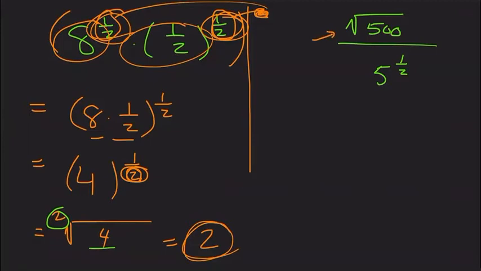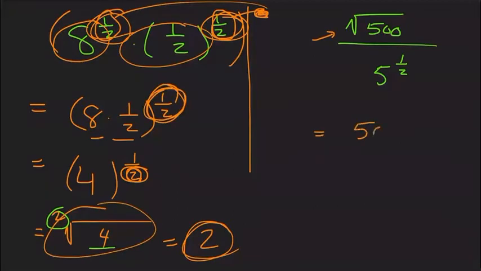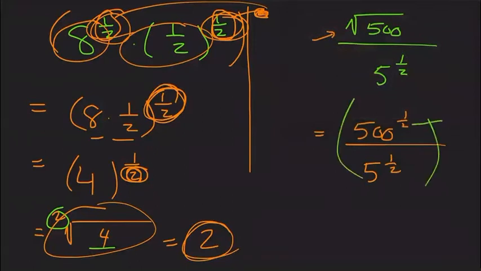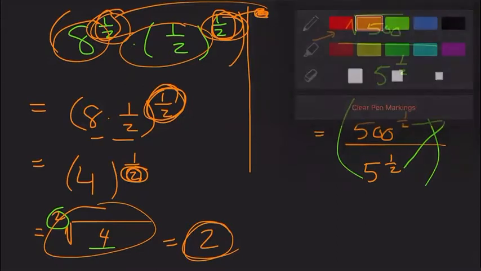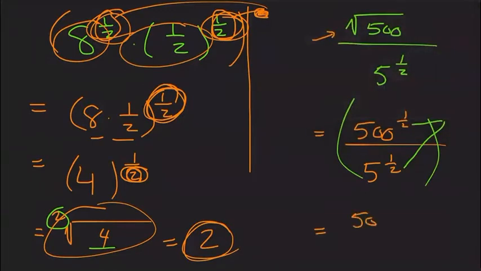But like we just saw, square root is the same thing as 1/2 power. So that's just to say that we can rewrite this as 500 to the 1/2 power. The reason we want to do that is because now they have the same exponent, which means we can pull it to the outside. So we're left with just the 500 and the 5. And now this 1/2 is on the outside.